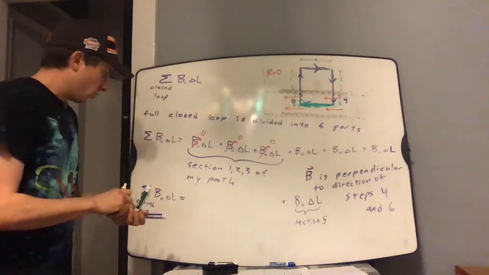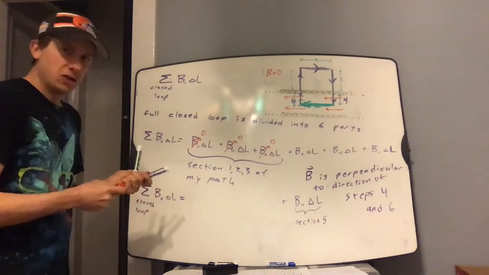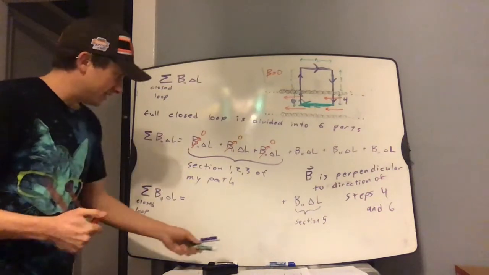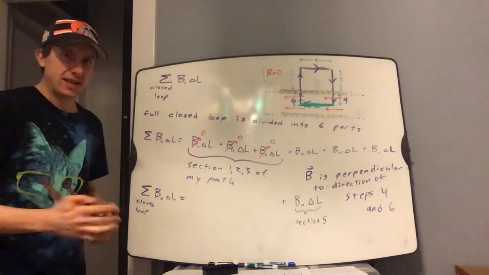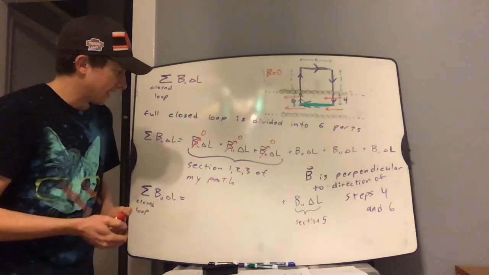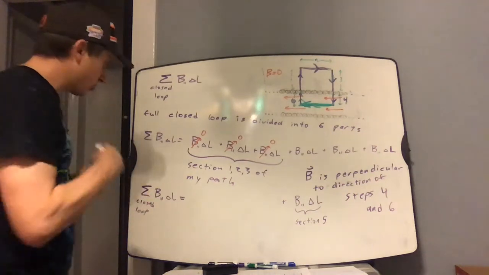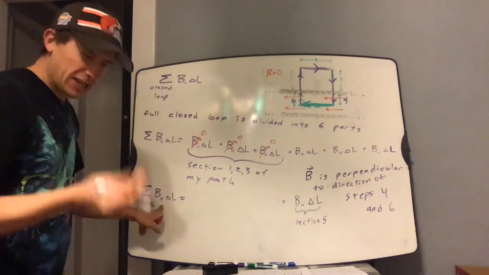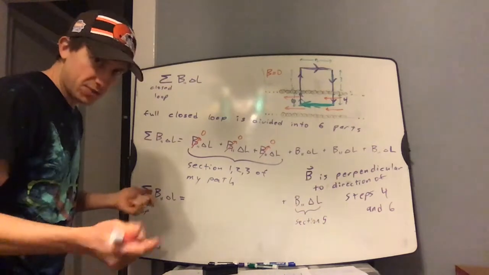So what is that going to be? Well, the magnetic field has the same strength everywhere in the solenoid because we're assuming the ideal case, and the magnetic field is entirely in the same direction as my step.